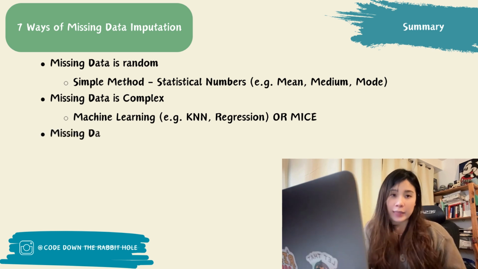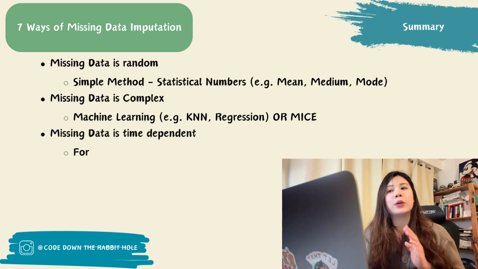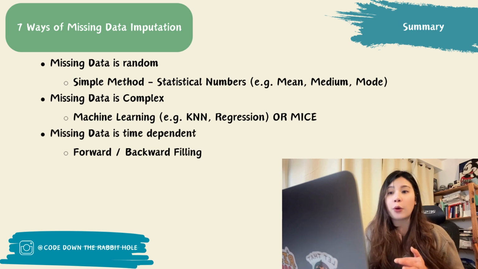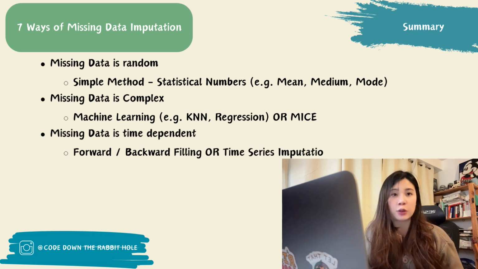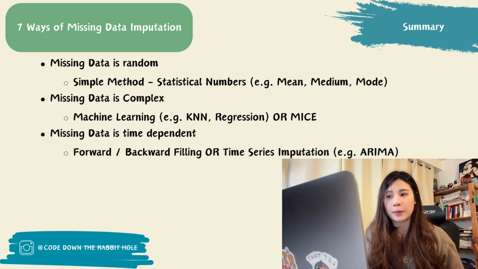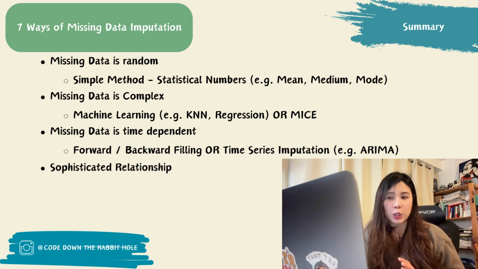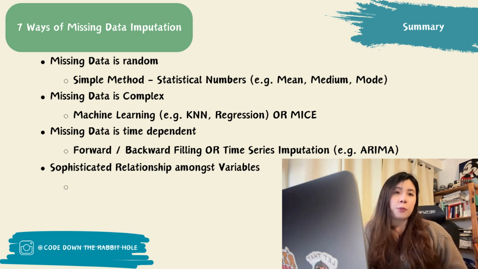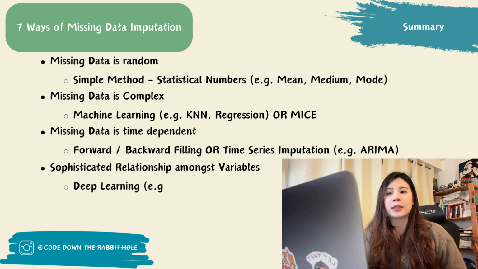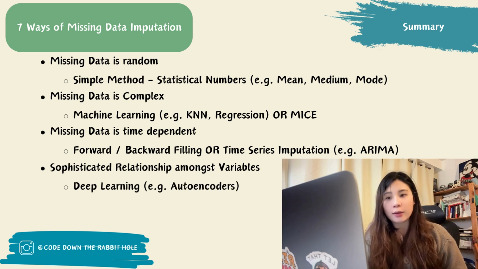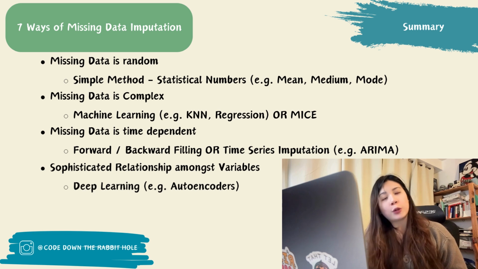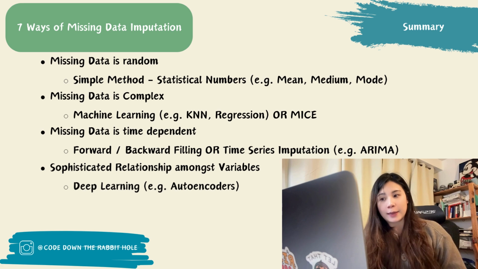And when it comes to time-dependent data, we use forward, backward fill, or time series imputation. And for more sophisticated relationships, we use more advanced methods such as matrix factorization or autoencoders through deep learning models to impute the missing data.